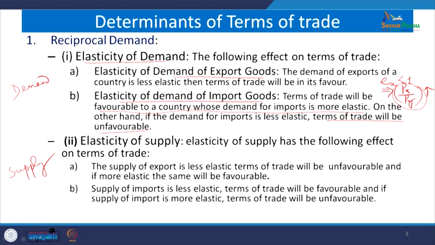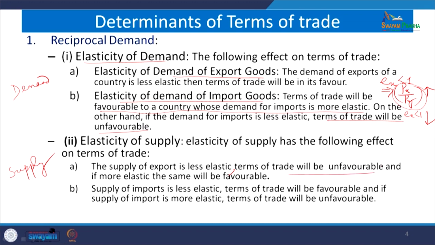So far as demand is concerned, we found that it is favorable in some cases and unfavorable in another. Whereas in the supply case, if your supply of exports is elastic, the terms of trade will be unfavorable.